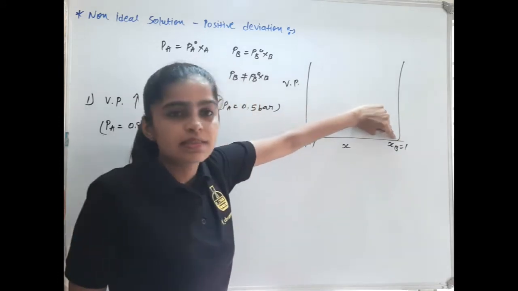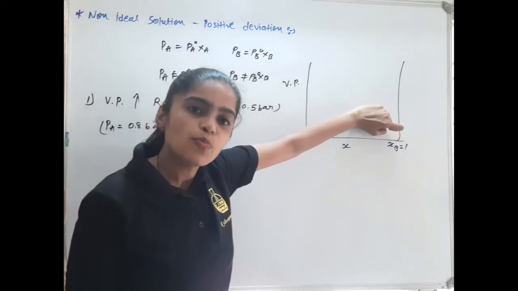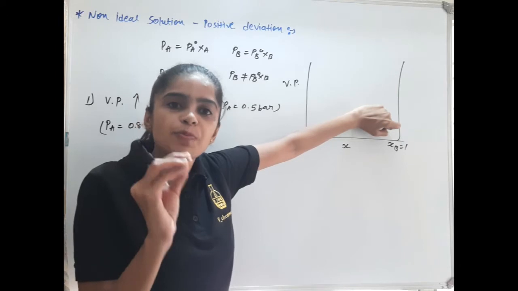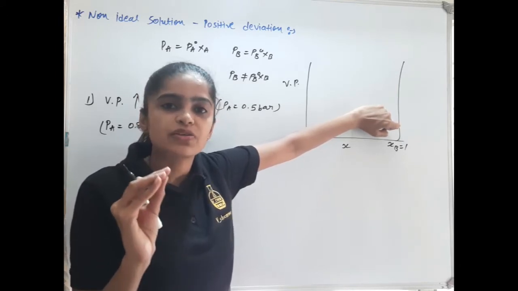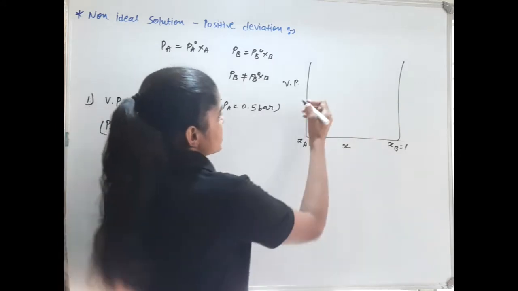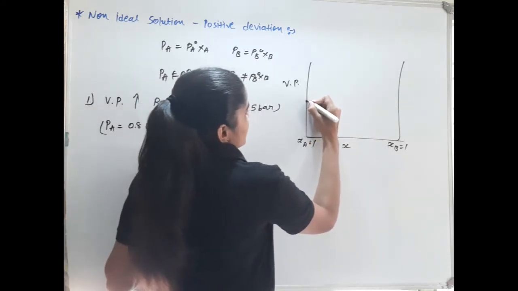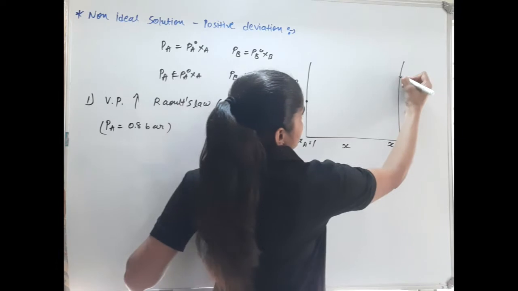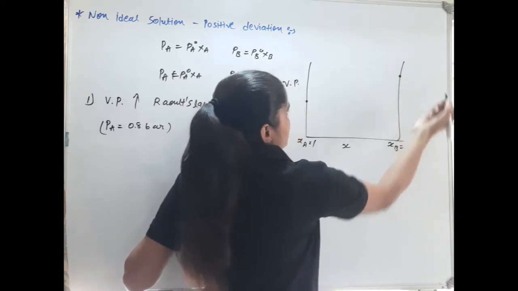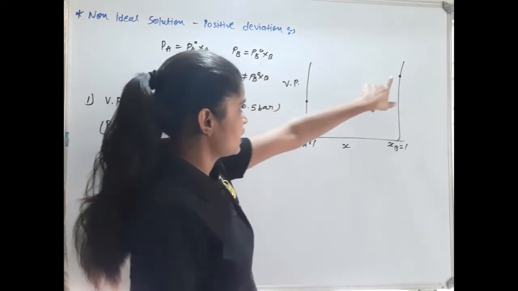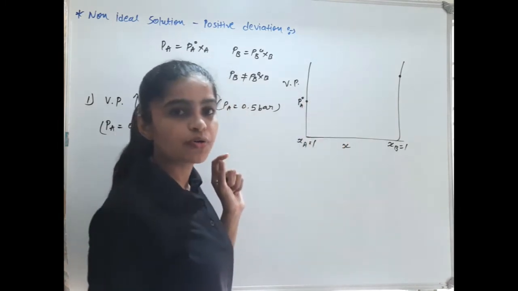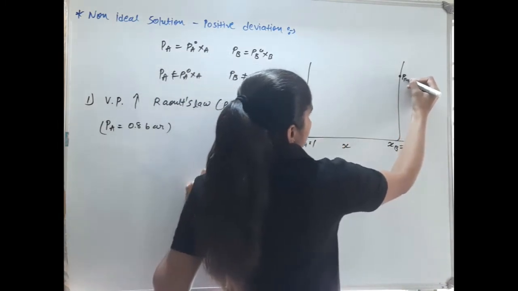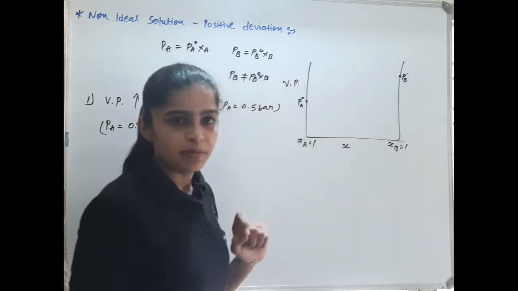In this line, this is the pure component, where the pure component exerts this pressure, known as the vapor pressure of the pure component. So this is the vapor pressure of the pure component A and this is the vapor pressure of the pure component B.